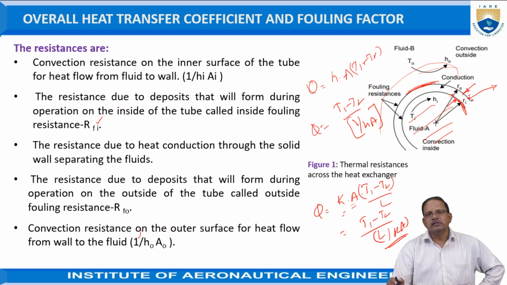Again, the fouling resistance. If you take the sum of all these resistances, this is called the resistance offered by the system when the heat energy flows from the hot fluid to the cold fluid which is surrounding the outside of the tube.